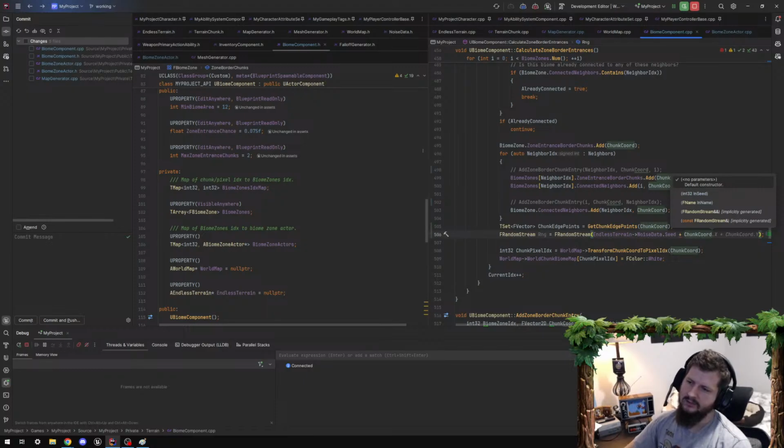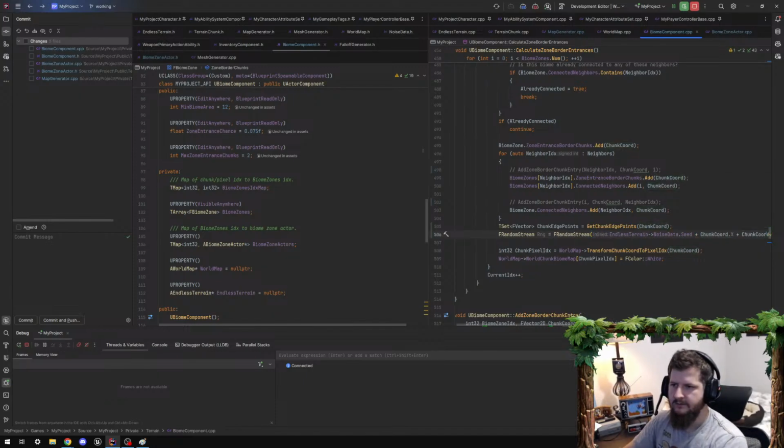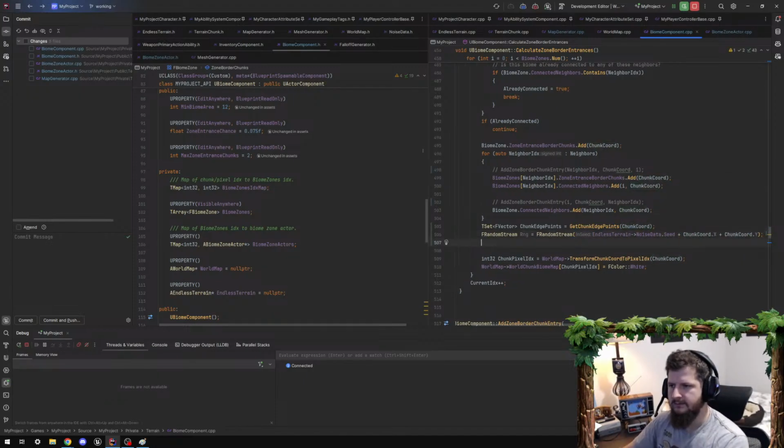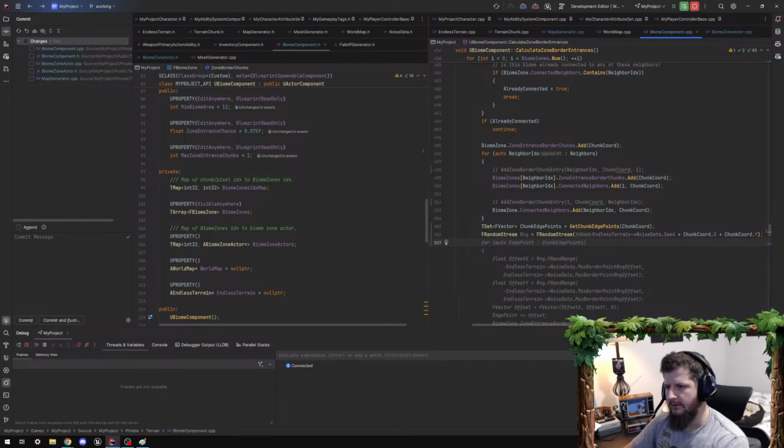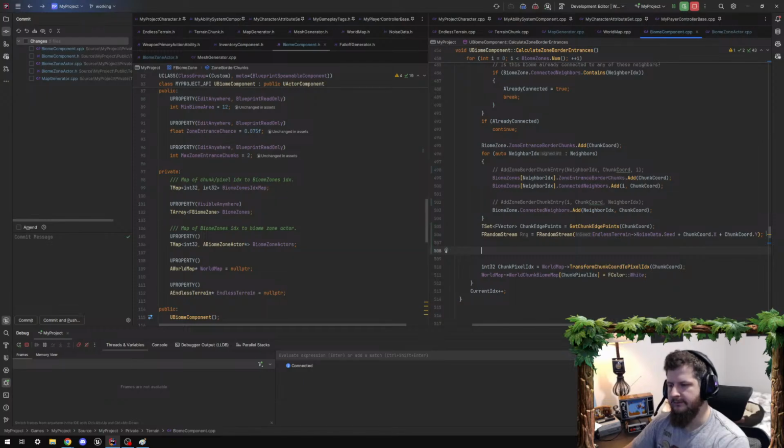Do I want to add the chunk coordinate to that? I think I just want to generate one of these random indices. And then I will have to find the index of that because it's a set, and it's unsorted.